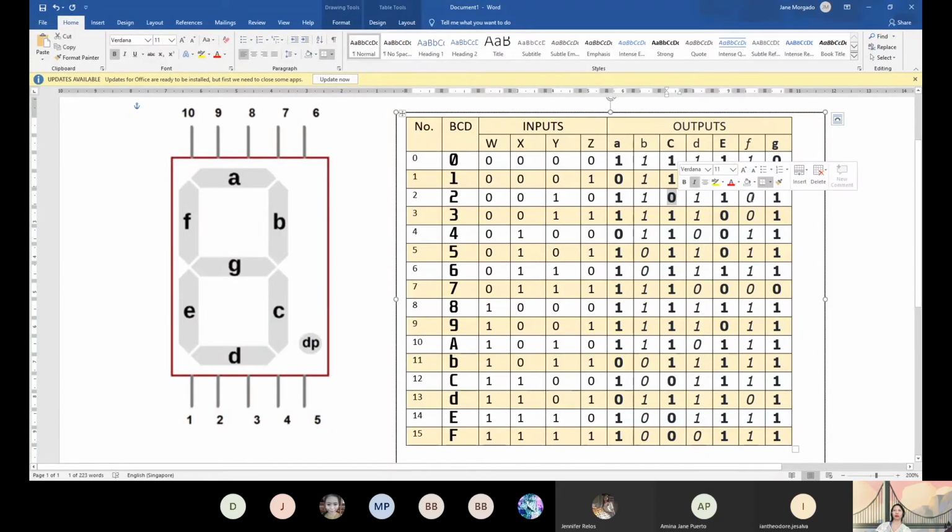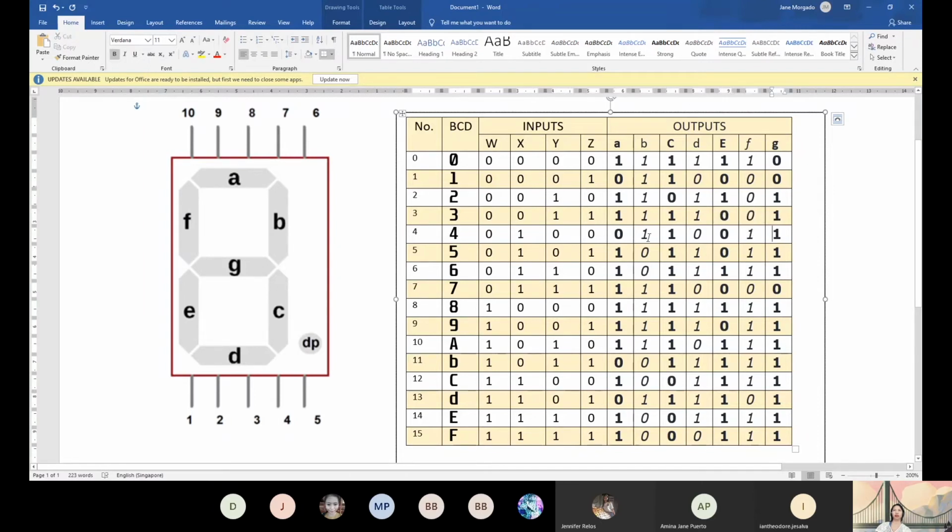For number 3, light up A, B, G, C, D, except E and F. So A, B, C, D are 1, and G, E and F should be 0.